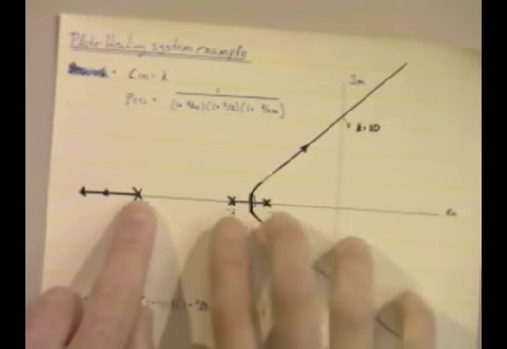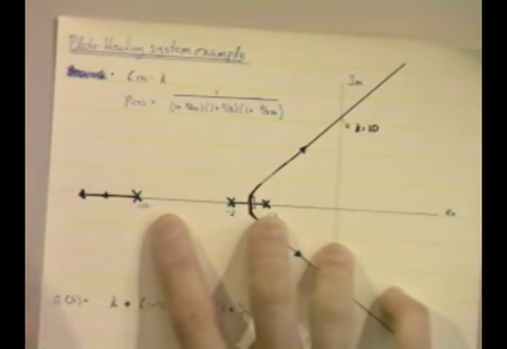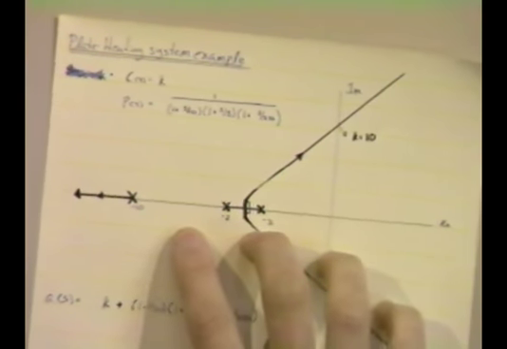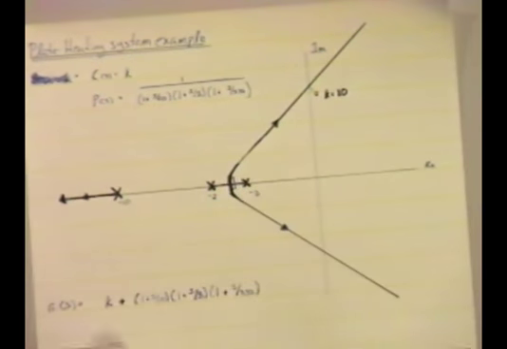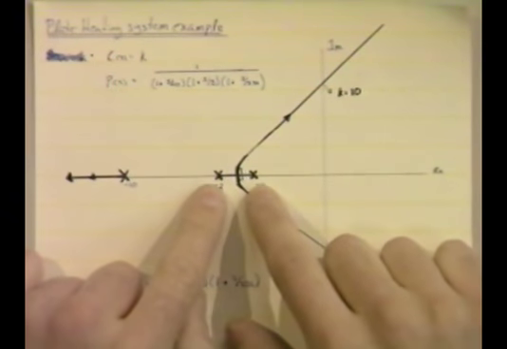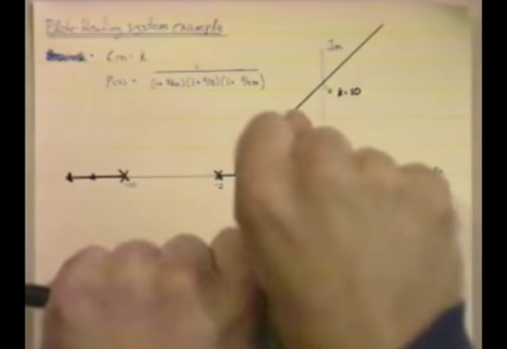When you start from k equals 0, you're exactly here. And then as you move, this pole starts moving off to negative infinity. So that's kind of a nice thing, right? But these other ones, look what they do. It's kind of funny. They come in, they crash, and then they split, like this.